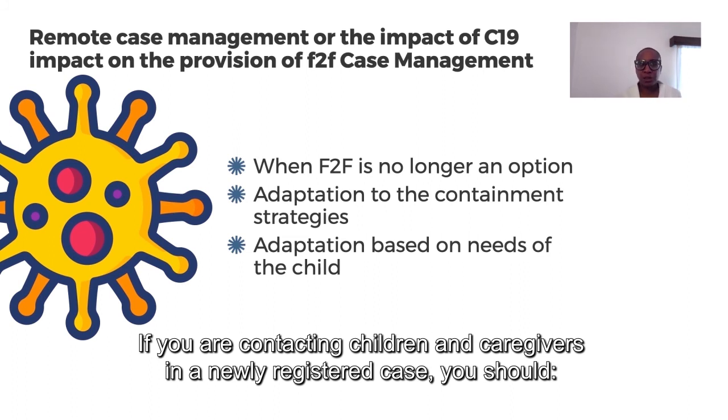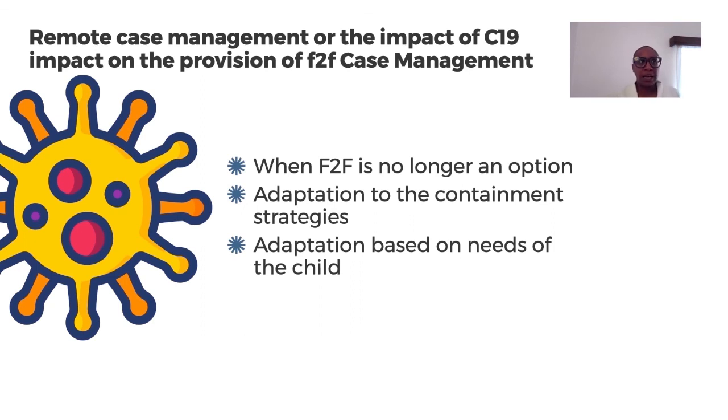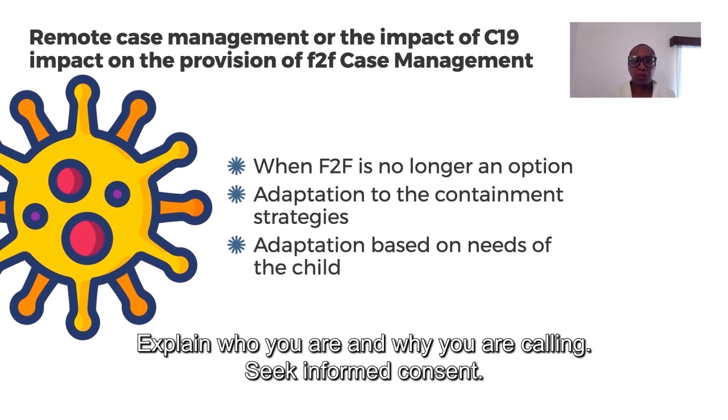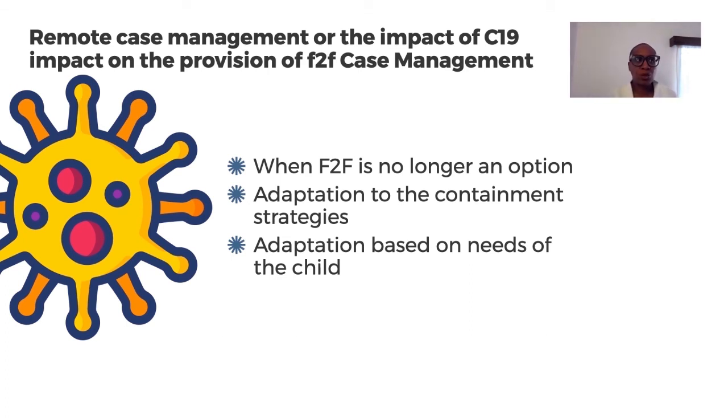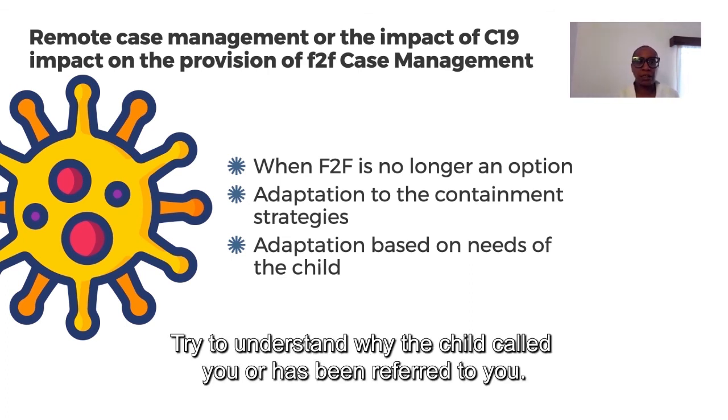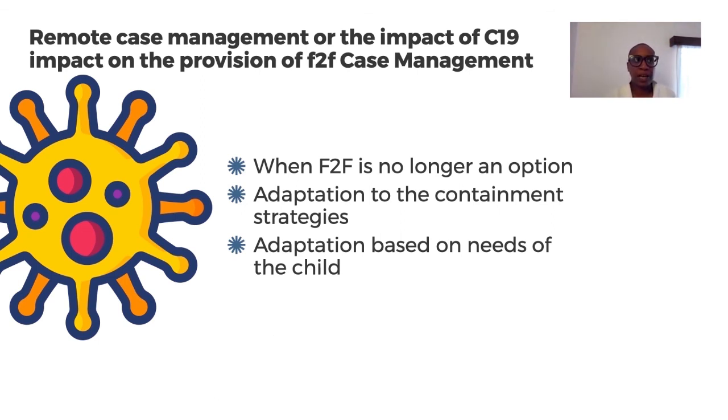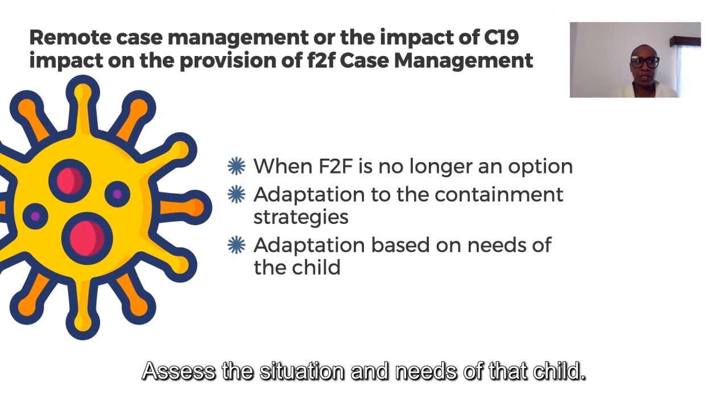If you're contacting children and caregivers in a newly registered case, you should explain who you are and why you're calling, seek informed consent, try to understand why the child called you or has been referred to you, and assess the situation and needs of that child.